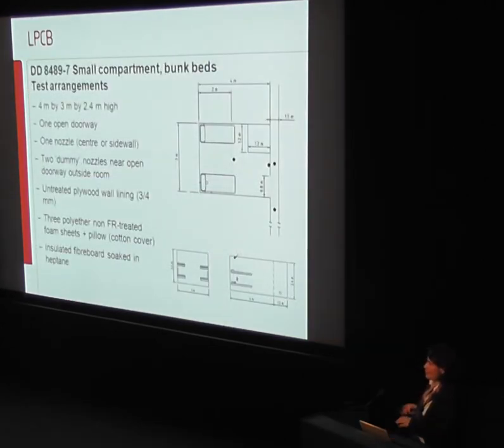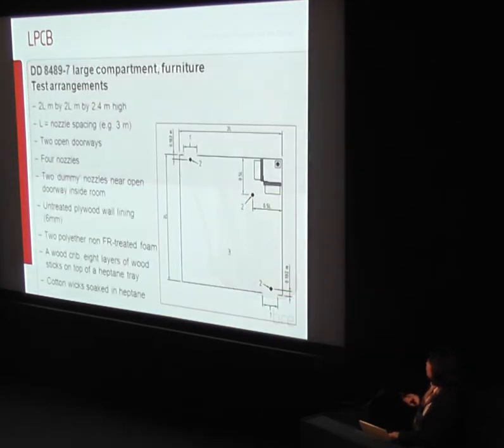I don't know whether you're familiar with this, I won't dwell on it. Just to give you a feel, this is the bunk bed test used on board ships, so that's used for the small compartment. The large compartment test is that corner arrangement I showed you earlier, a corner arrangement with plywood, foam, and a heptane and wood crib firing corner.